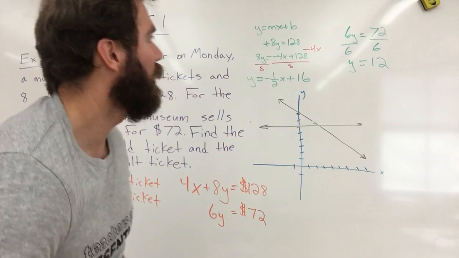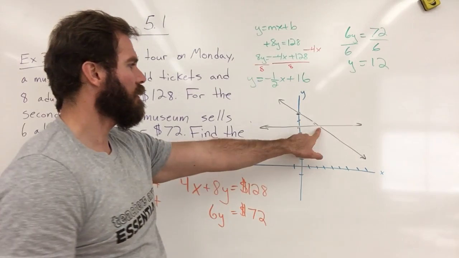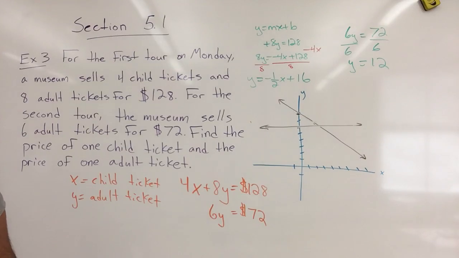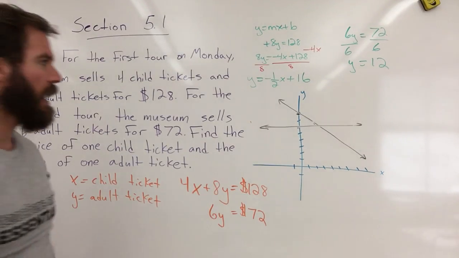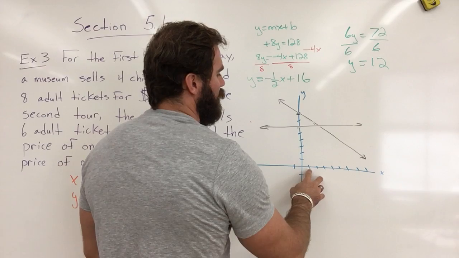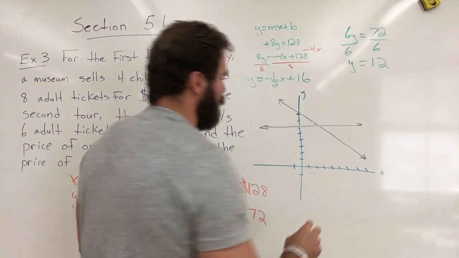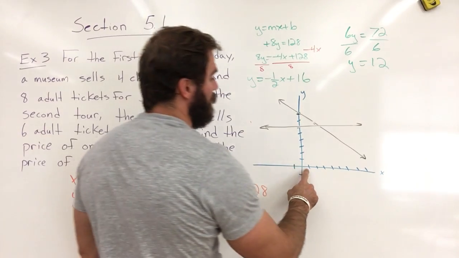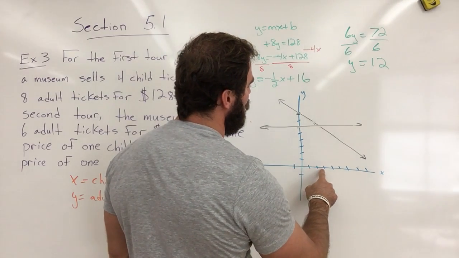All right. So this point here is where we'll find our answer. I'm sorry, not 2, 4, 6, 8. We're going by ones right here. So 1, 2, 3.